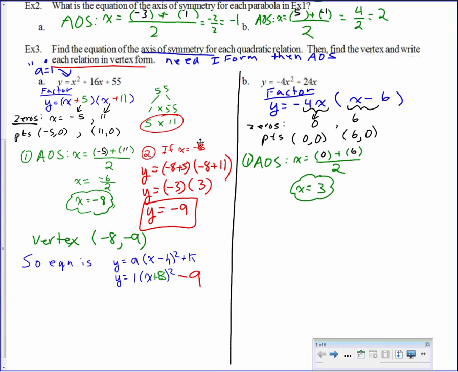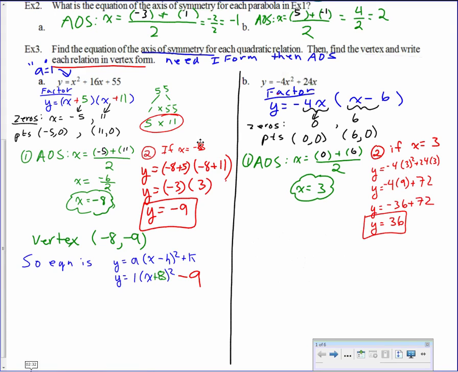So let's go. You simplify by adding 0 plus 6, hit enter, and then divide by 2, enter, and that gives you x is equal to 3. So now, if x is 3, we're going to plug it back into this equation, okay? Or the original, it's up to you, and you end up with y is 36.